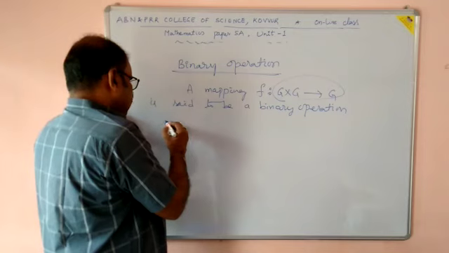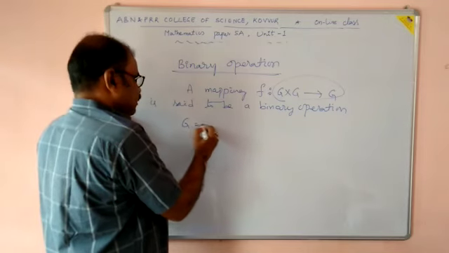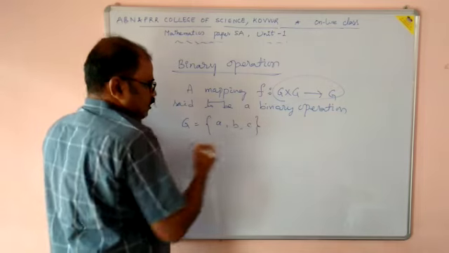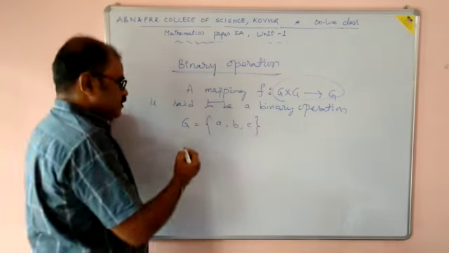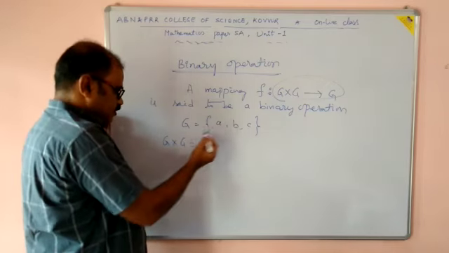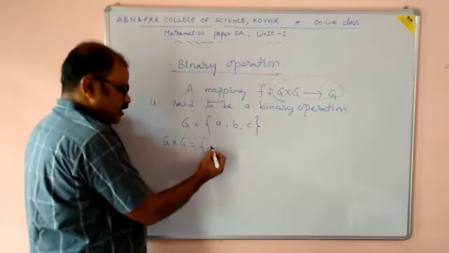For example, let us take G equal to the set consisting of the elements a, b, c. What about G cross G? The cross product of G and G, in which what do you get?